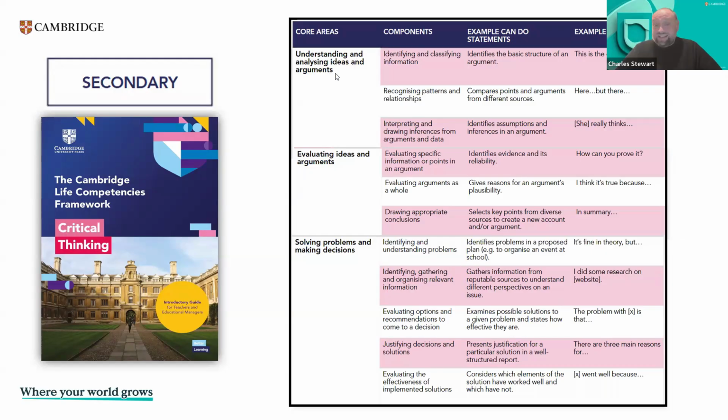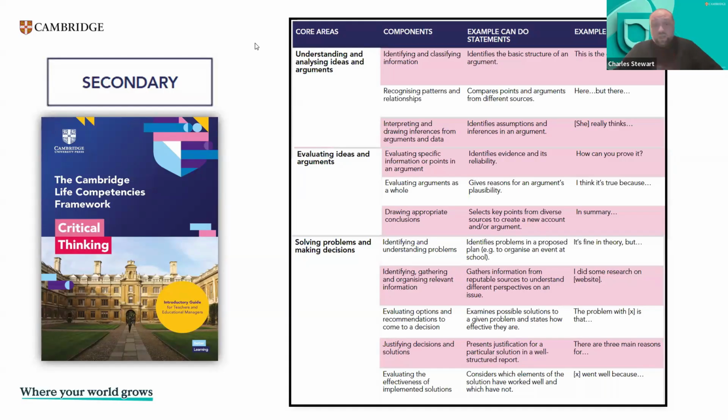So understanding and analyzing ideas is broken down into identifying and classifying information, recognizing patterns in relationships, and interpreting and drawing inferences from arguments and data. Complete with can-do statements. These also align to the CEFR as well, and example language of how learners can demonstrate and use it in conversation that they are indeed practicing the core area.